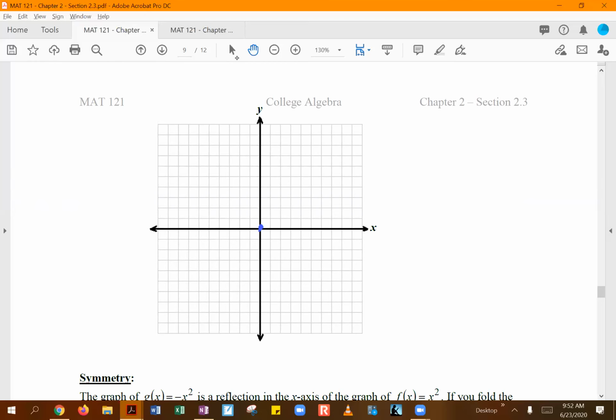And it's got a slope of 1, right? So that means you're just going up 1 unit and right 1 unit, or left 1 unit and down 1 unit. So this would be our basic y equals x line.